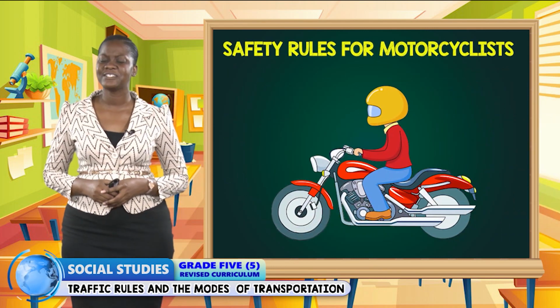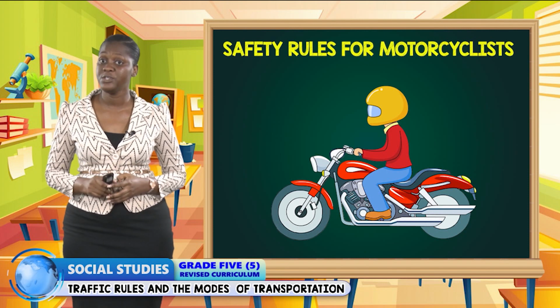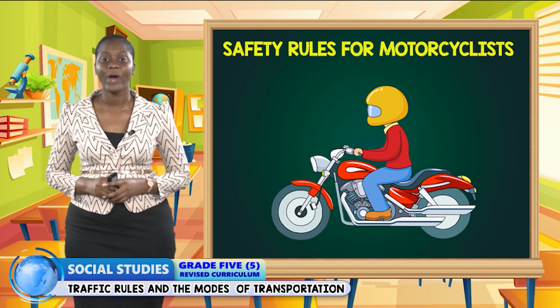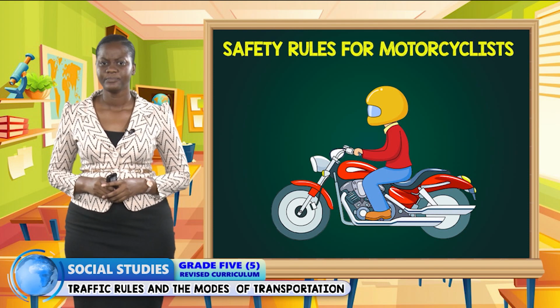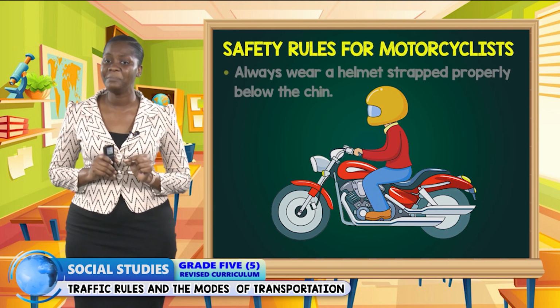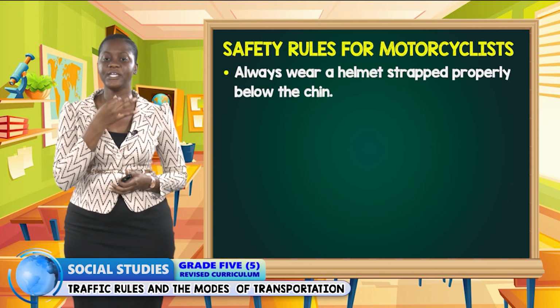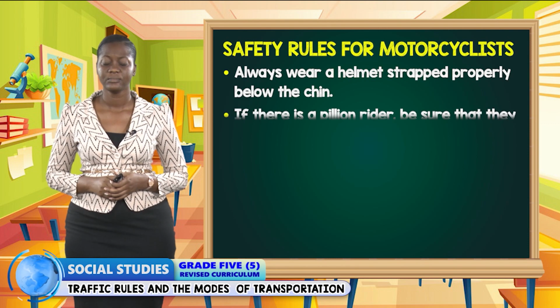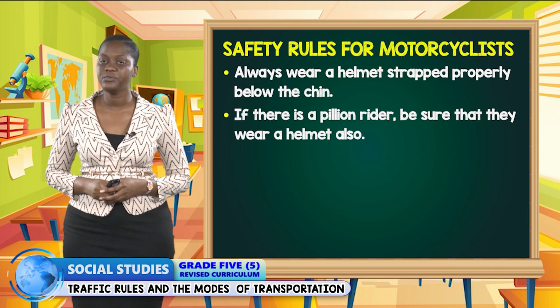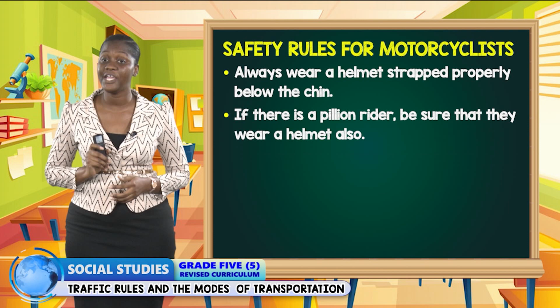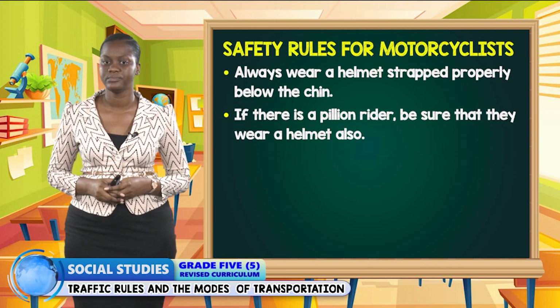Let's take a look at some safety rules that should be used by motorcyclists while on the road. Always wear a helmet strapped properly below the chin. If there is a pillion rider, be sure that they wear a helmet also.